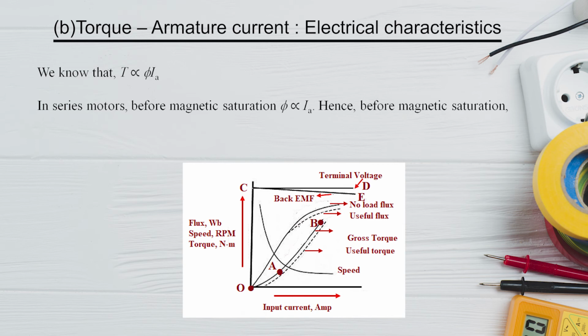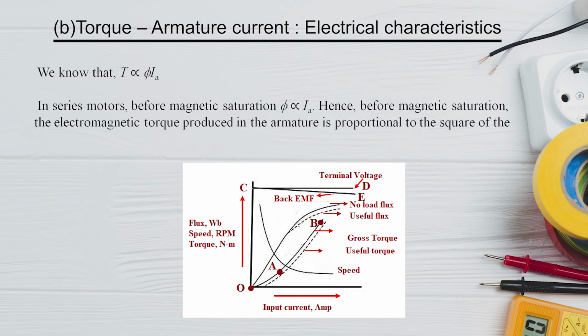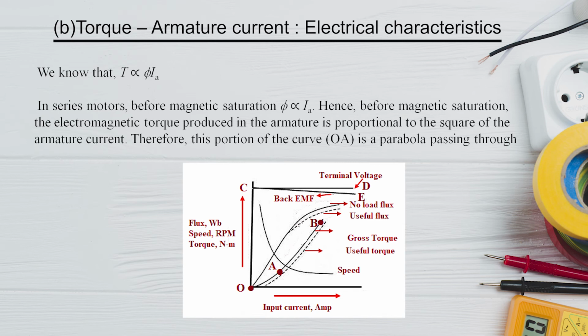Hence, before magnetic saturation, the electromagnetic torque produced in the armature is proportional to the square of the armature current. Therefore, this portion of the curve OA is a parabola passing through the origin. Here you can see in the figure also.